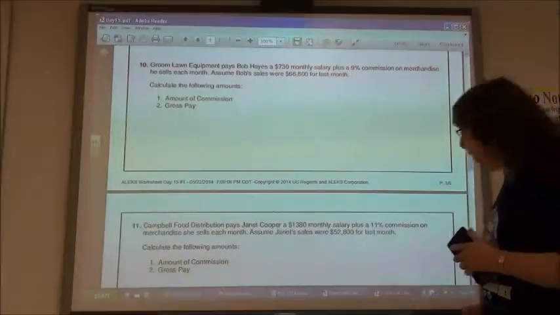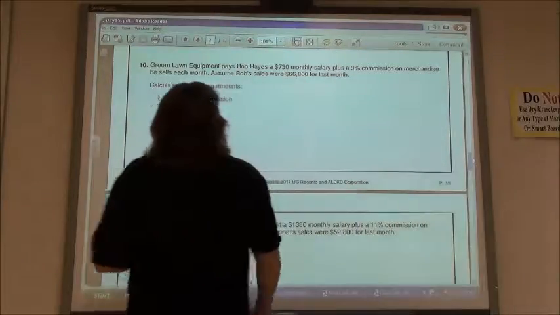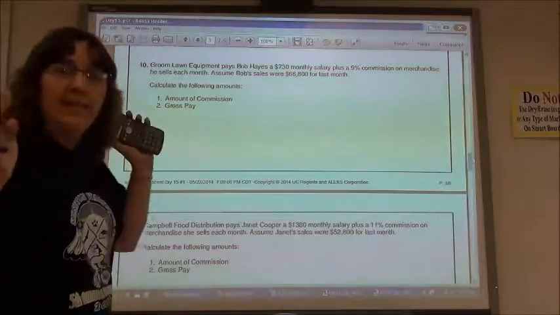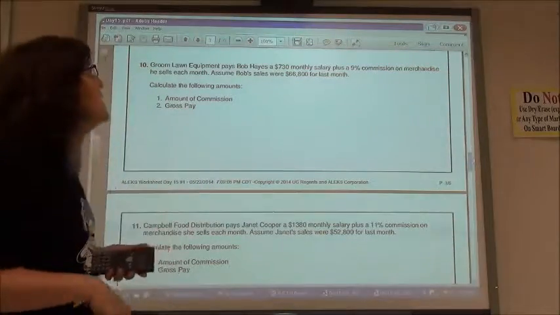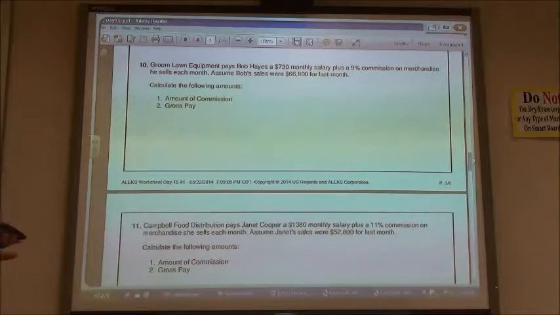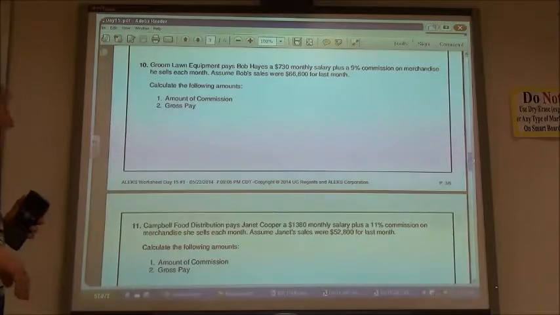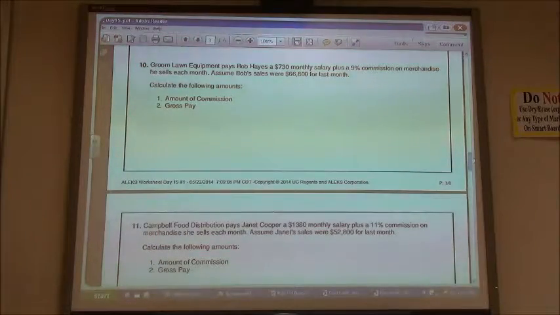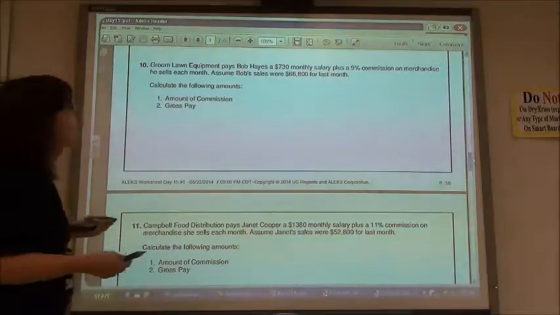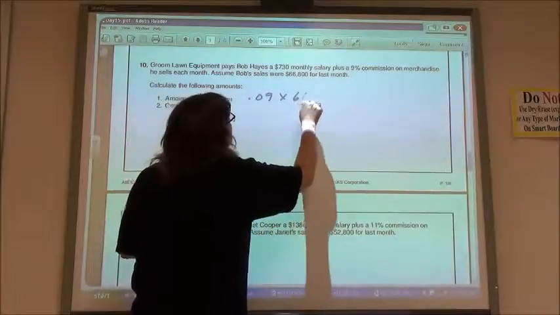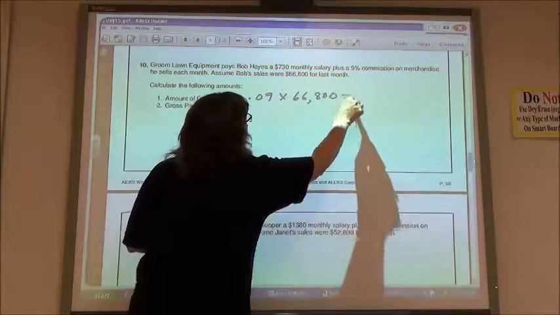Number 10, Broom Law Equipment pays Bob Hayes a $730 monthly salary. He's going to get $730 whether he sells anything or not, but just for working he gets $730. He's also going to get 9% commission on the merchandise he sells each month. Assume he sold $66,800 for last month. So for his commission, he's getting 9% of his sales, $66,800.